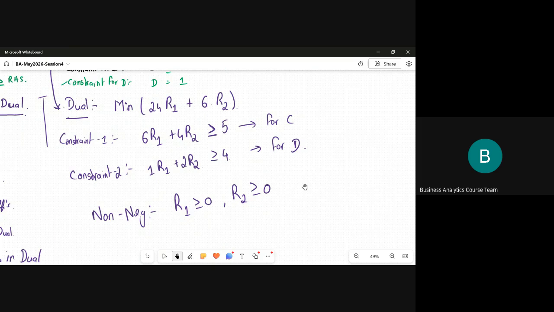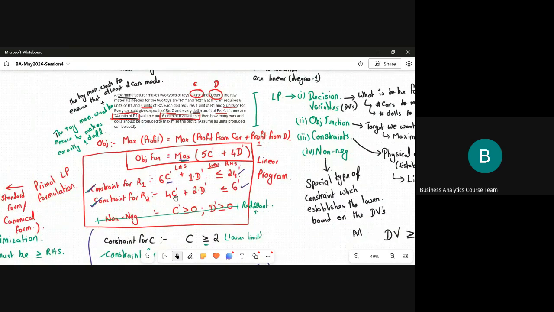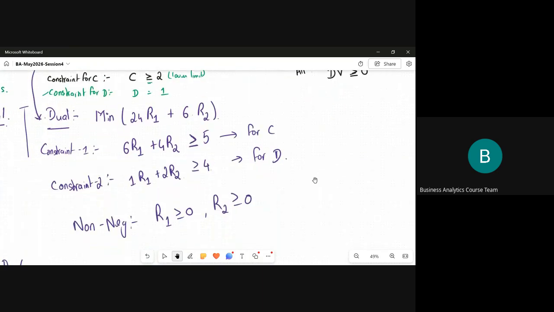Let's say this primal formulation is for the marketing team of this business, and for the production team or the workshop team, this would be the primal, because they have specified the amount of resources. So for the same problem, same characteristics, based on who is using it and what question they are asking, the corresponding dual and primal will come, right?